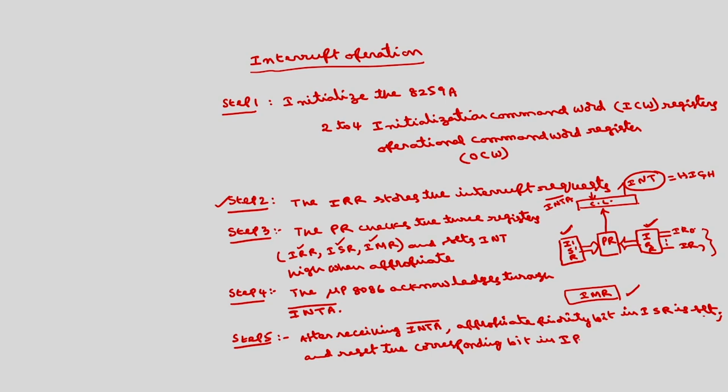So, here the corresponding bit will be set in ISR, indicating that the particular interrupt is in service, and the corresponding bit in IRR will be reset, indicating that the corresponding request is accepted.